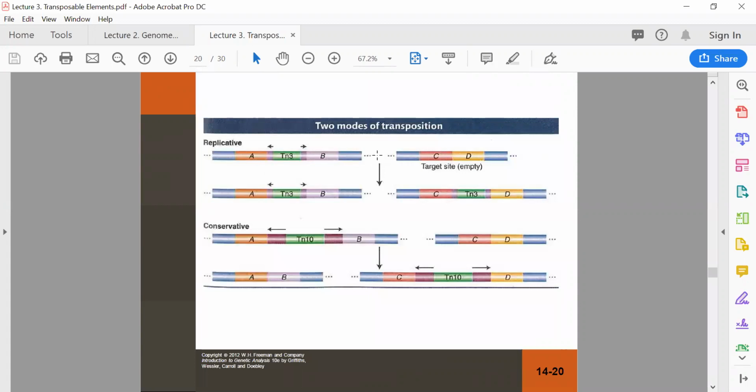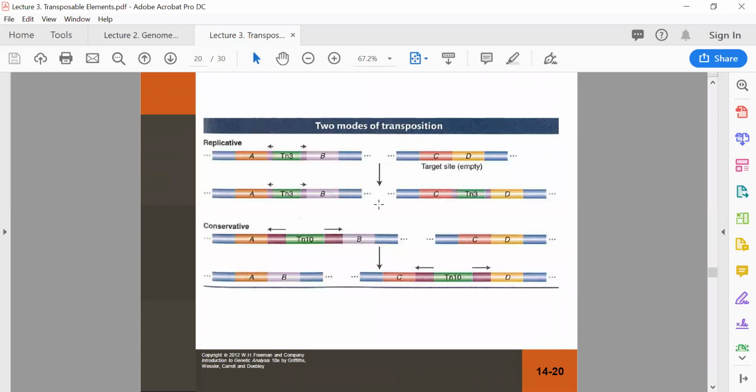So after transposition, using the replicative mechanism, Tn3 will actually make a copy of itself so that the original remains after that copy is made, and then the copied version inserts here in between the original C and D in the target site.